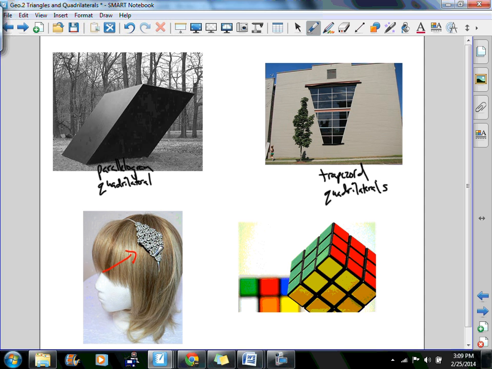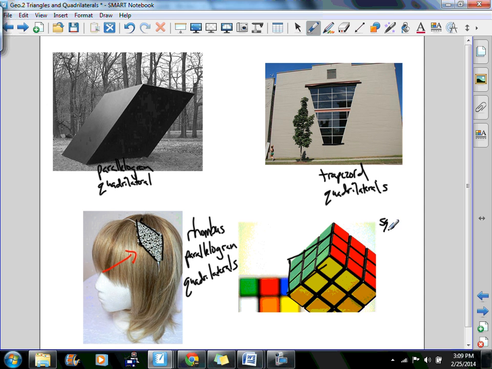Here, I notice that these are parallel, but it looks like every side is also equal to each other. Therefore, this is a rhombus. But I know a rhombus is also a parallelogram. And I know all parallelograms are also quadrilaterals. And finally, this side here, I have all the sides equal, and they're all 90-degree angles.